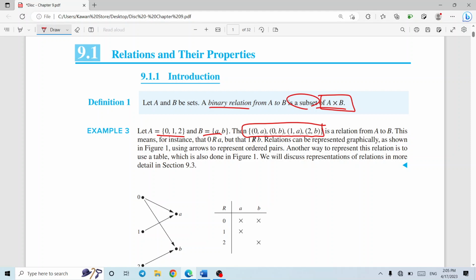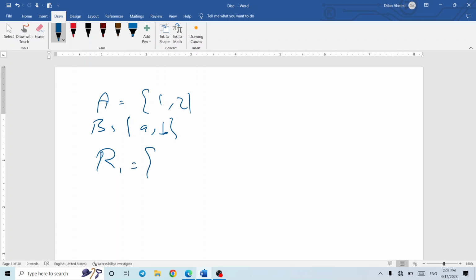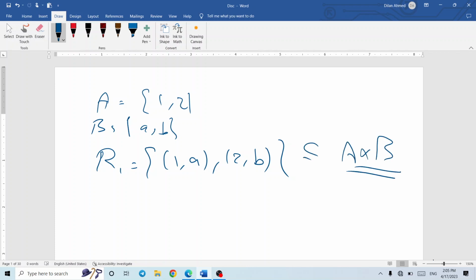What do you mean by that? For example, if I have A equal to {1, 2} and B equal to {a, b}, and this is the relation I'm asking about: (1, a), (2, b). Is that a relation? I ask myself, is that a subset of A cross B or not?